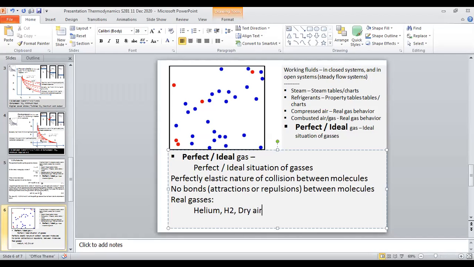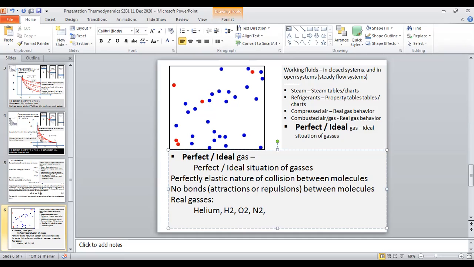Instead of that, let's see oxygen. You can consider oxygen has some closeness to this. Real gases are not ideal. And then nitrogen, a little bit heavier molecules.